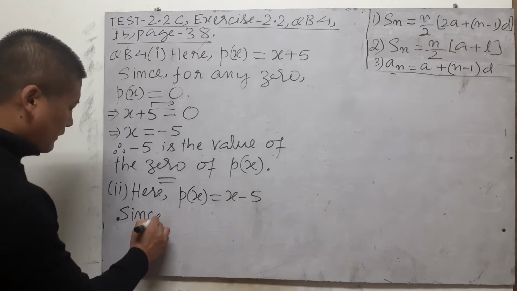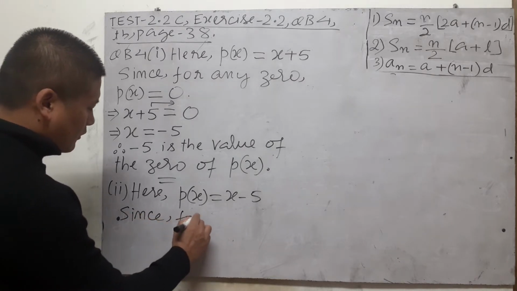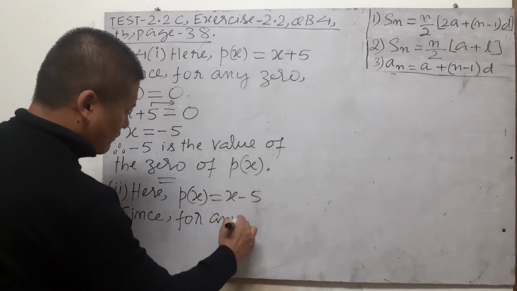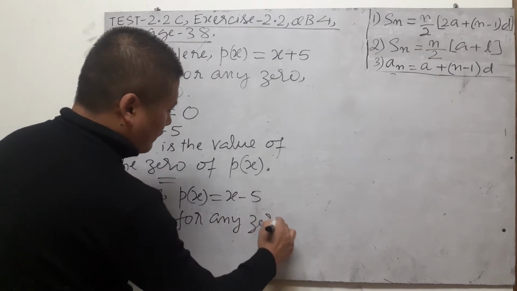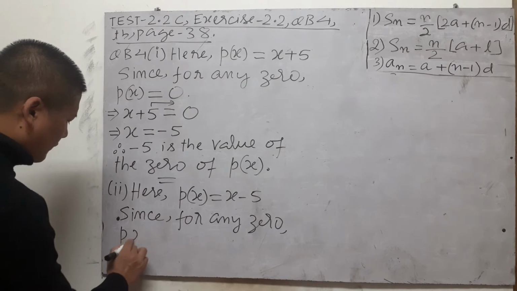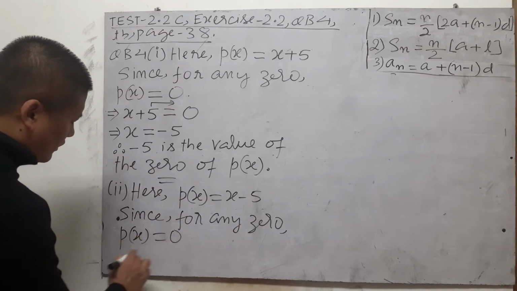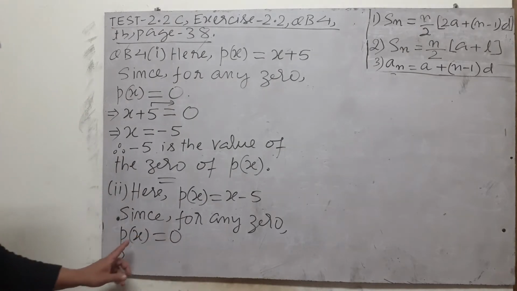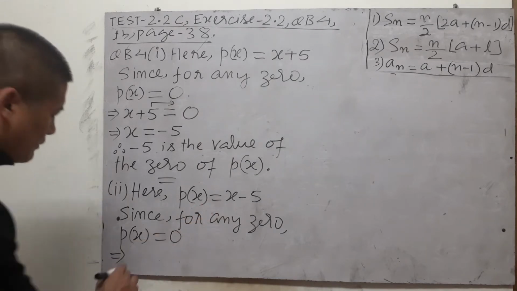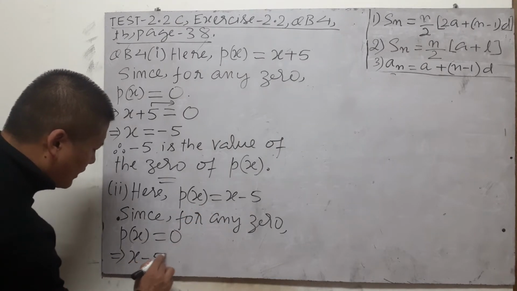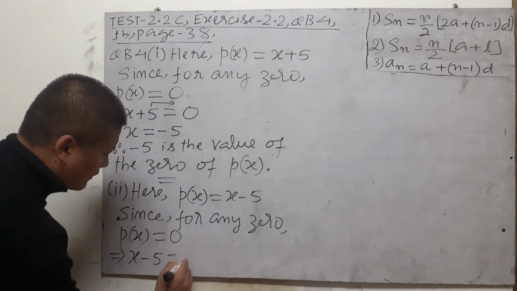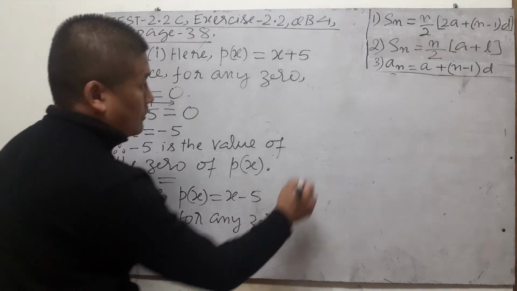So for that we have to write, since for any zero, that means any value of x, p of x should be equated to 0. In other words, this p of x, which has a value of x minus 5, that x minus 5 will replace this p of x equal to 0.